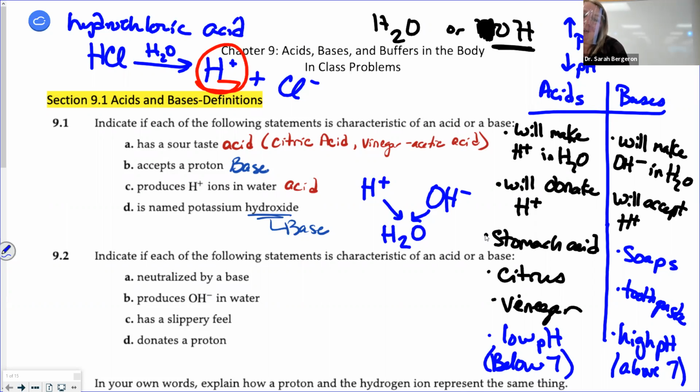So look at the first question, 9.2, neutralized by a base. This is basically a neutralization reaction where you have an acid being added to a base and you make water. So what is neutralized by a base?